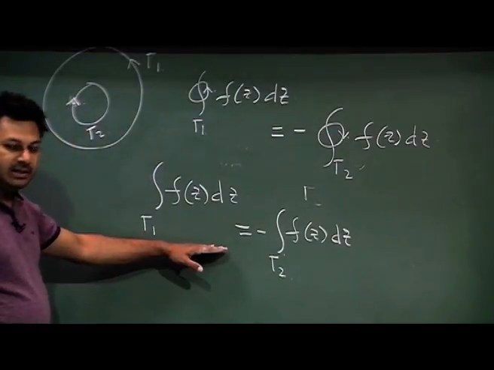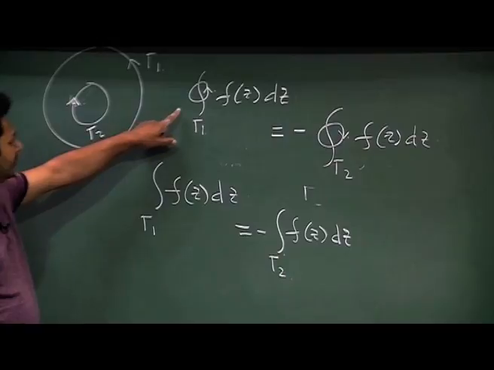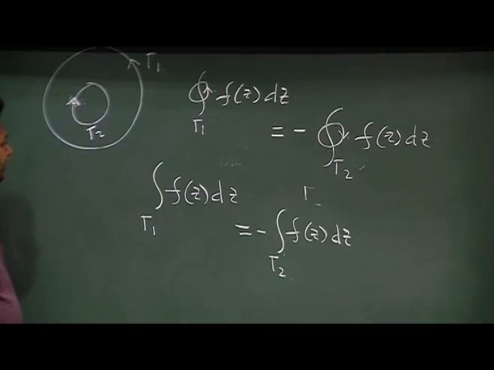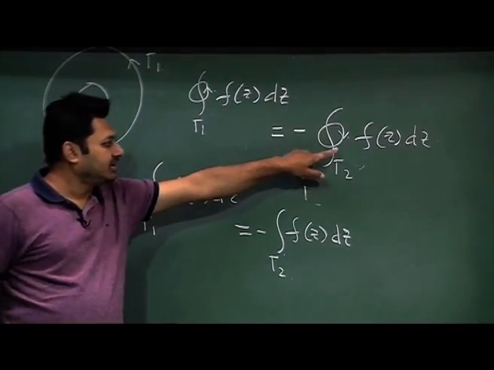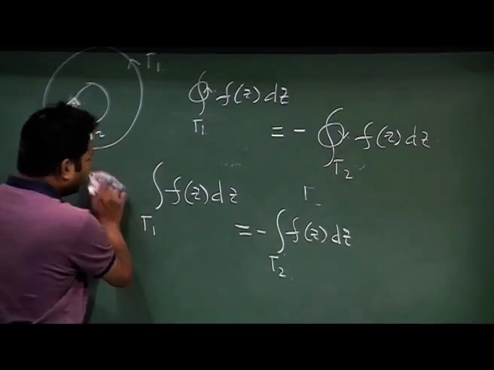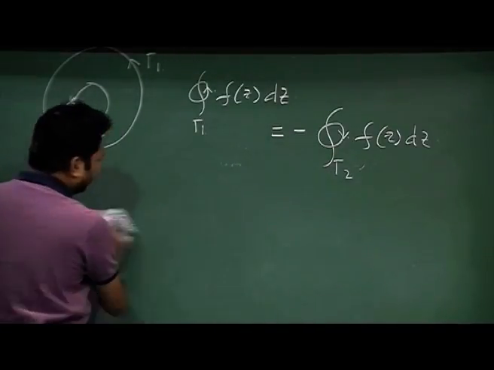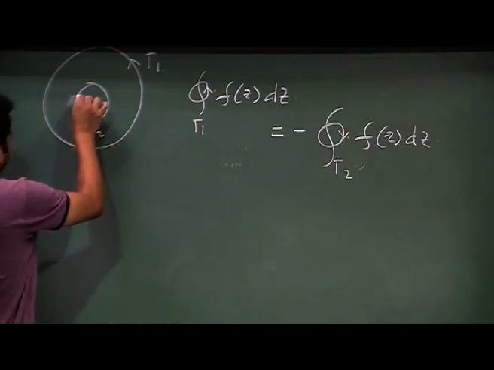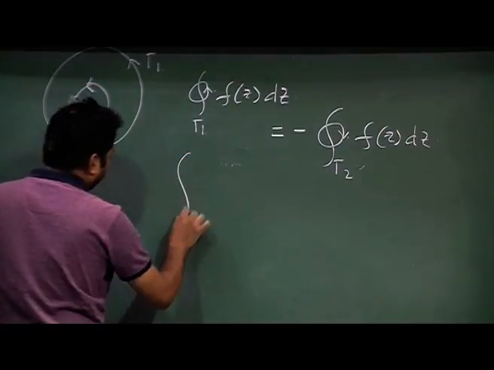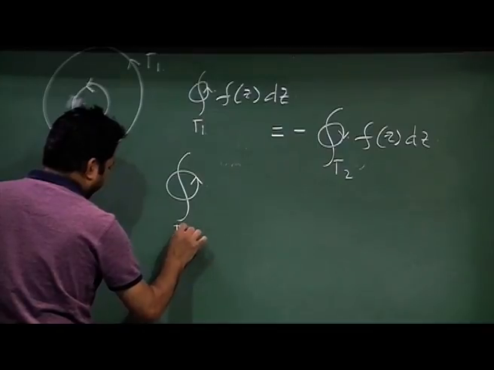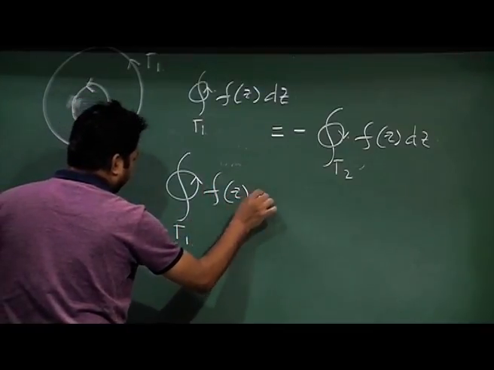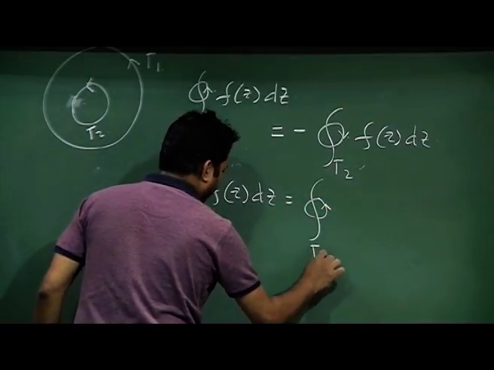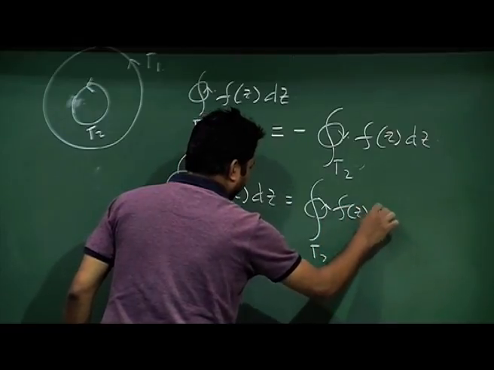I am writing the same thing in terms of this new sign, which shows it is anticlockwise and clockwise respectively. Now, if I remove this sign, this sign is going to change. So, I wanted to remove this negative sign. If I do that, then I will have the same sign, and I will simply have the integral over gamma 1 of f(z) dz is equal to the integral over gamma 2 of f(z) dz.